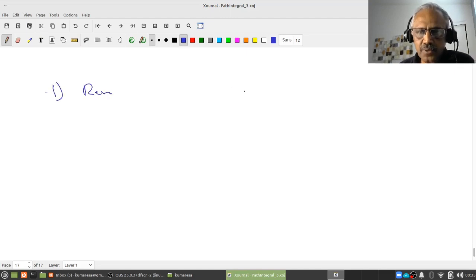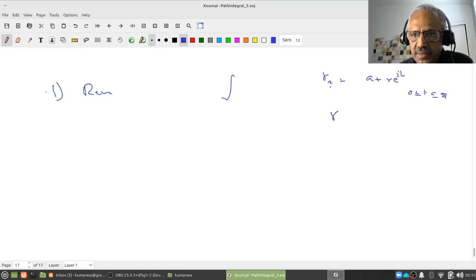Do you remember we did when gamma r is a plus r e power i t, 0 less than or equal to t less than or equal to 2 pi, right? And then we define, let us say gamma r, this is simply gamma 1, r is fixed, gamma minus 1 is a plus r e power minus i t with the same t.